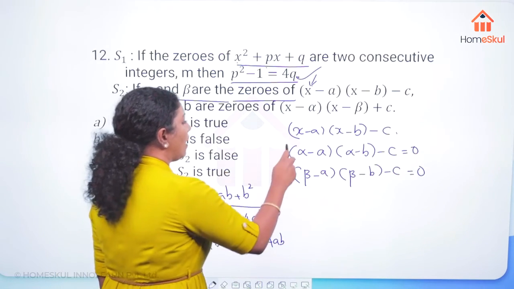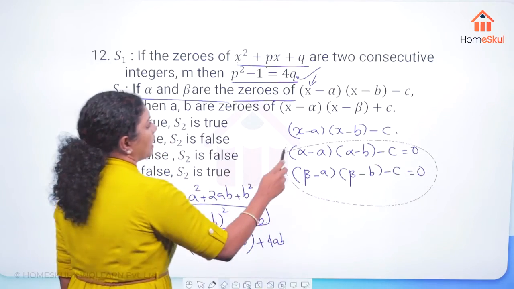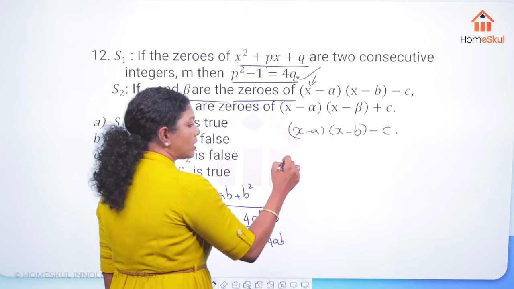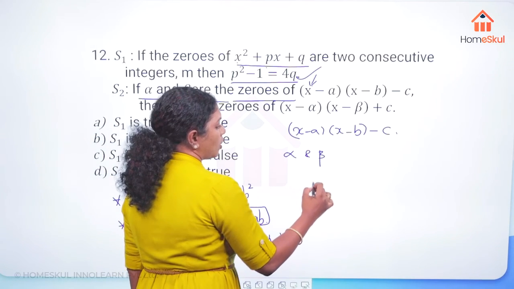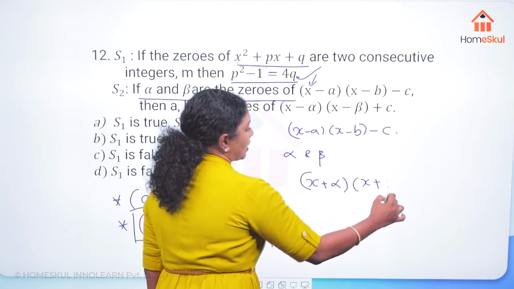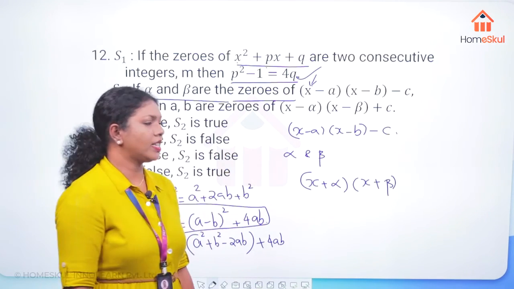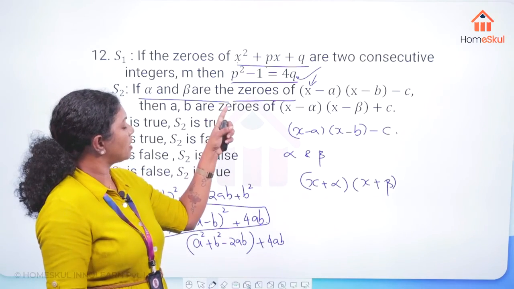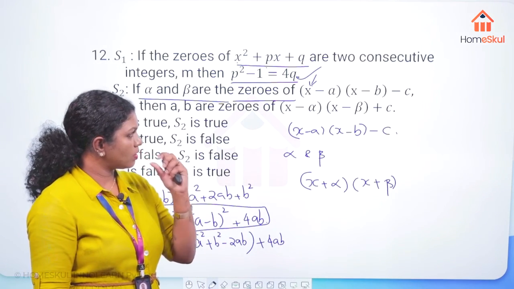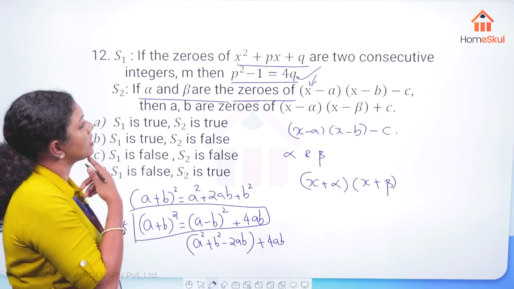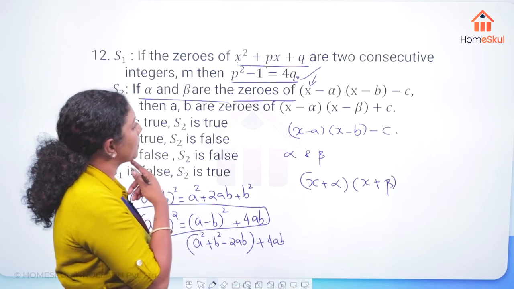When you have a quadratic polynomial with roots alpha and beta, how do we write it? You can write it as x plus alpha into x plus beta, when these are the factors. Now how can we connect this? Alpha and beta are zeros of x minus a into x minus b minus c.